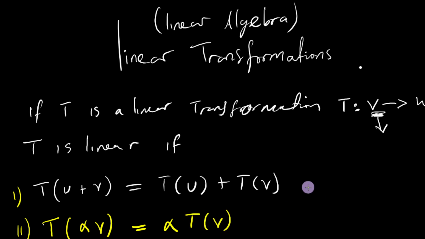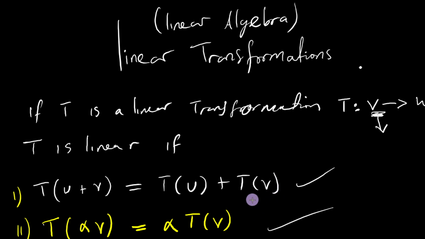So these are the two conditions that have to be satisfied for us to determine whether a given transformation is linear or not. If one of these is not satisfied, we conclude that the transformation is not linear.